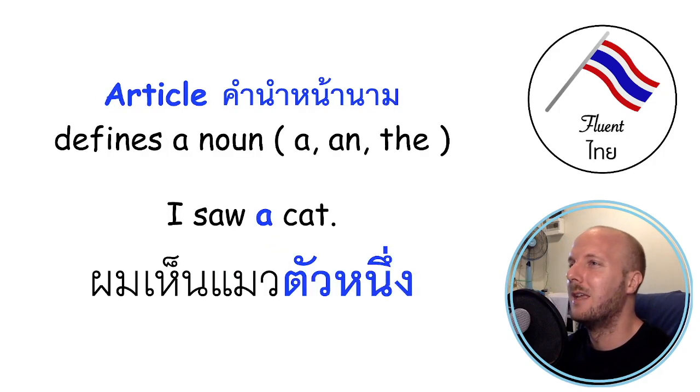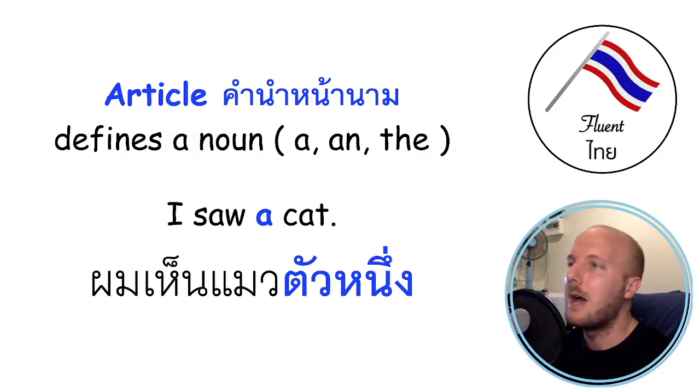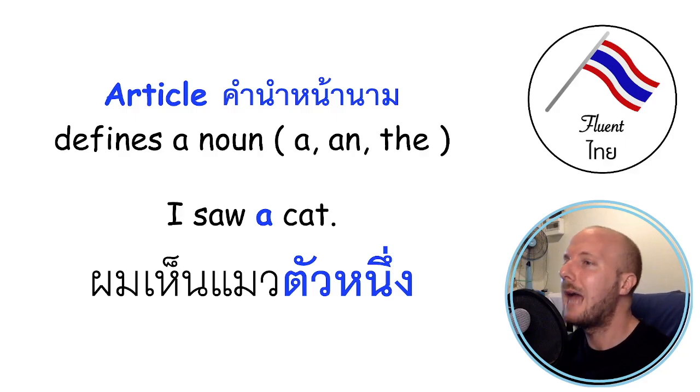I'm not sure. Article คำนำหน้านาม. So it defines a noun in English, a, an or the. Like I told you, it's not really used the same way in Thai because it's usually the context which will imply whether it's a definite article or not. So for example, I saw a cat. You could say ผมเห็นแมวตัวหนึ่ง but to be honest, you don't really need the ตัวหนึ่ง at the end.